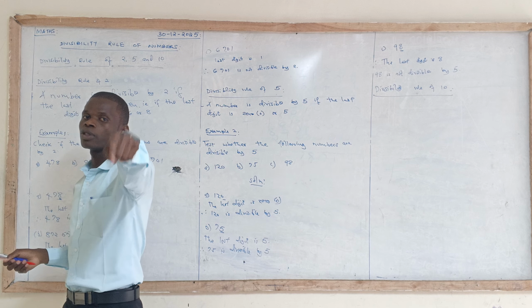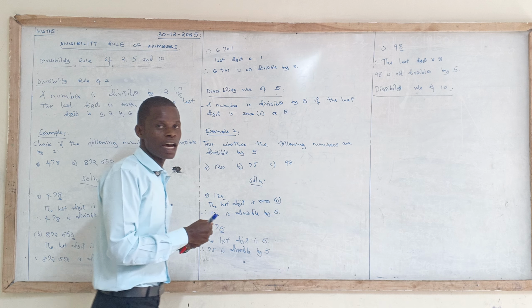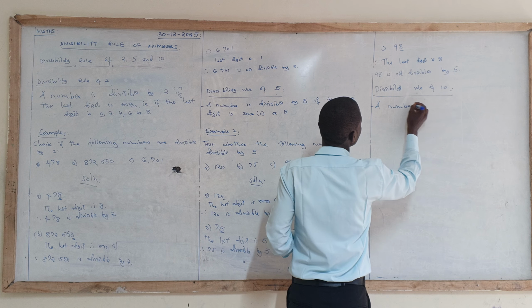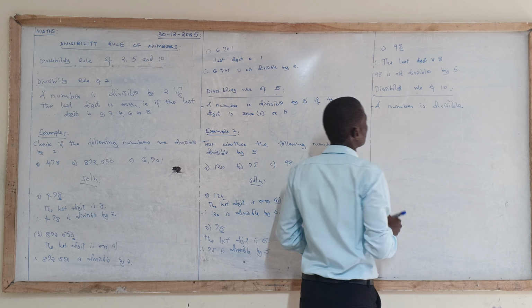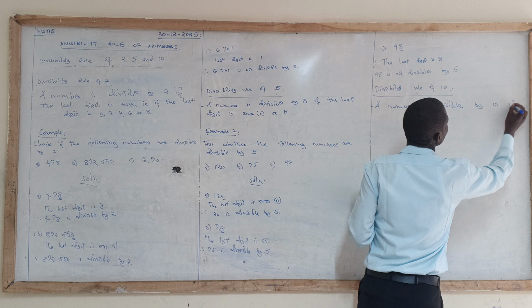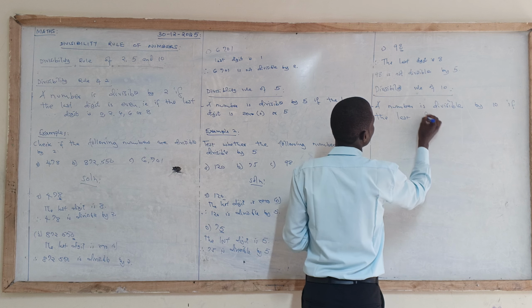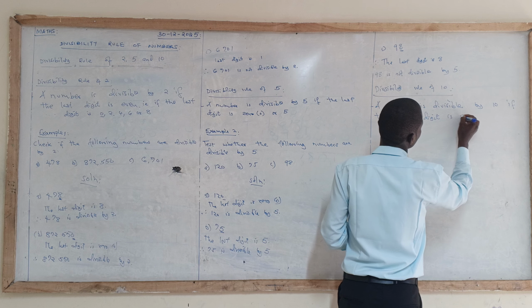So here, divisibility rule of 10. What are we saying? A number is divisible by 10 if the last digit is 0. Write that down. A number is divisible by 10 if the last digit is 0.